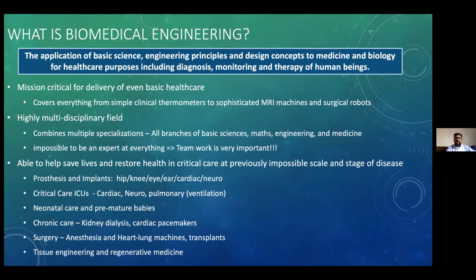Any of those fall under the category of biomedical engineering. So if you have a technology or a product that helps people live better lives or survive and recuperate from a disease, then that is a contribution of biomedical engineering.